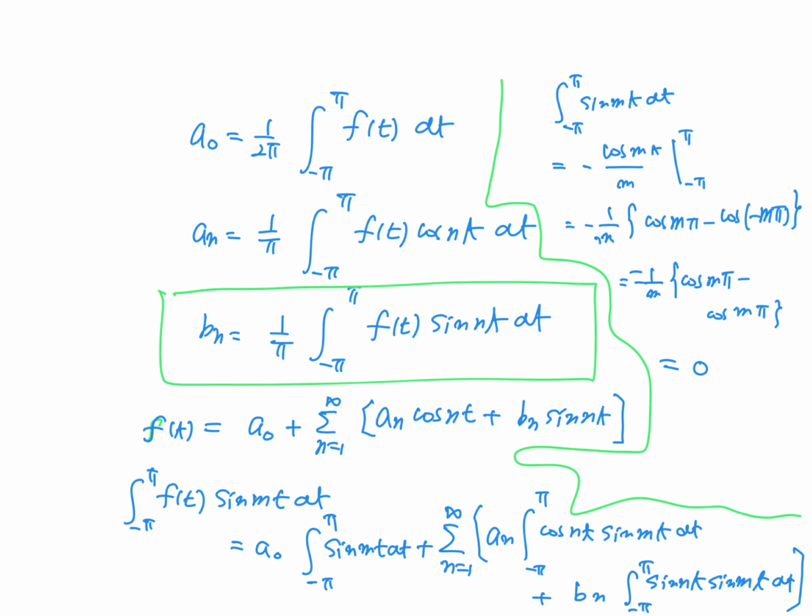So the first term is 0, and for the second term, because we don't have much space, just remember cosine nt sine mt. But still someone needs to make a copy. Can I move?